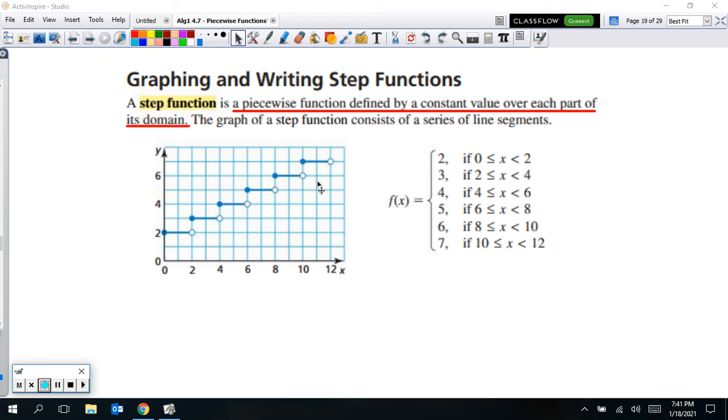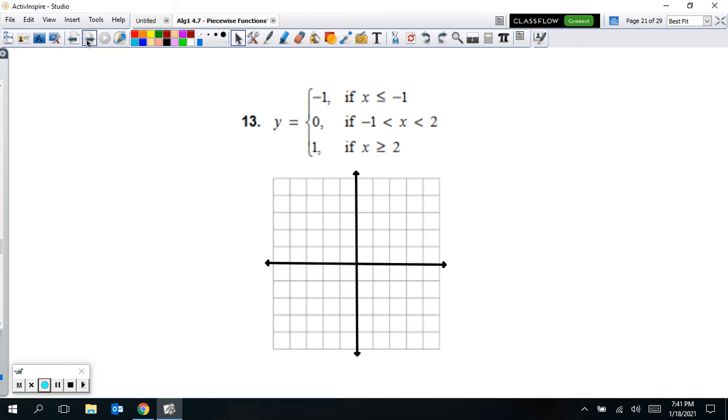All right, so let's go ahead and try 13, and graph this step function. Okay, so number 13, it's small, only has 3 steps to it: negative 1, 0, and 1. And so for negative 1, we're going to be less than negative 1.